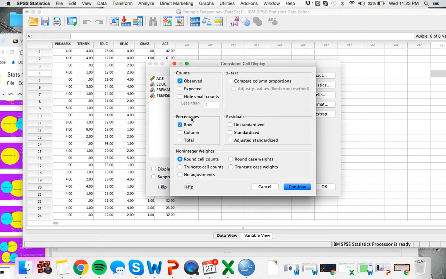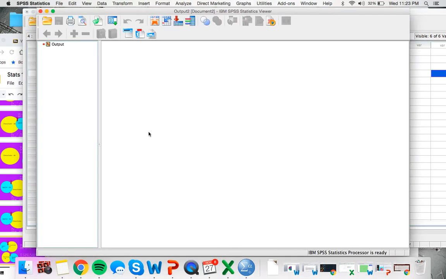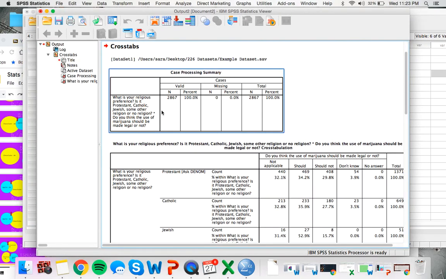We want the percentages for the rows, okay? And now you press OK, and an output will come up. It tells us the number of people who answered both of these questions about religion and marijuana use, and that was 2,867 people.